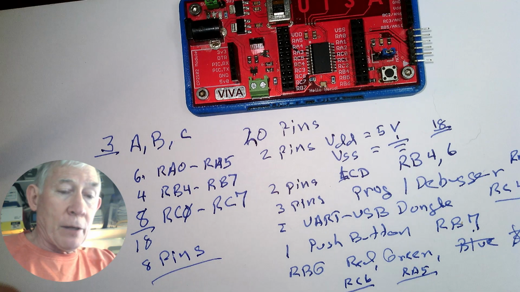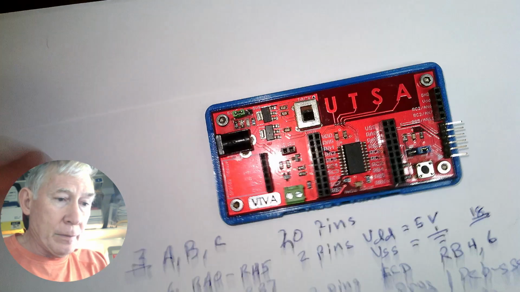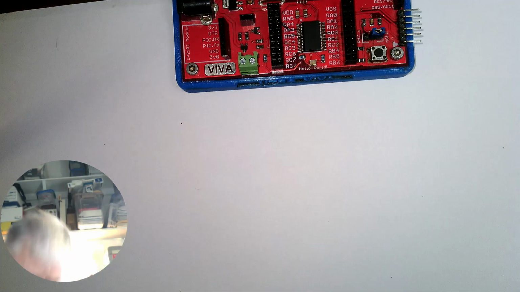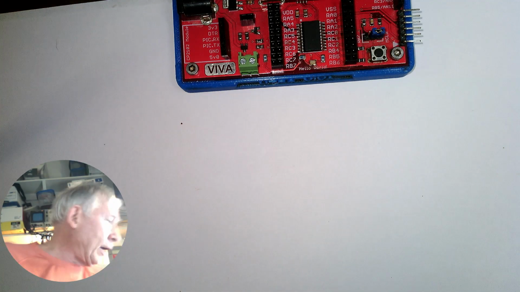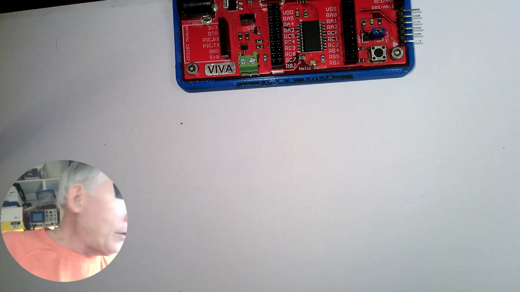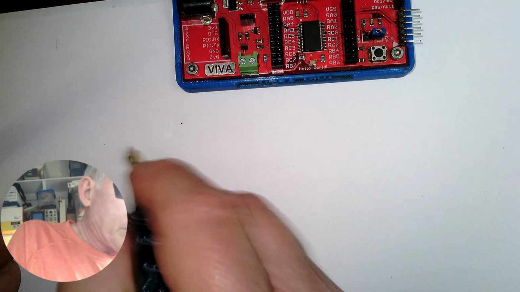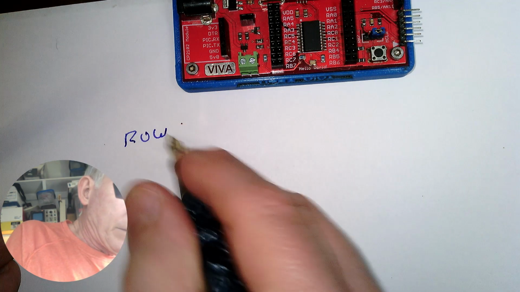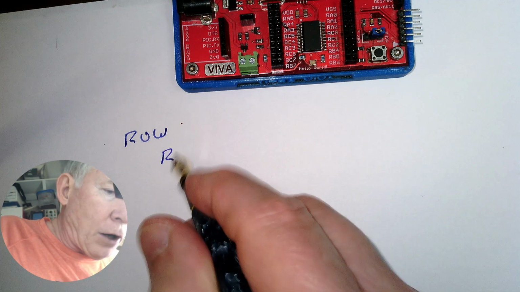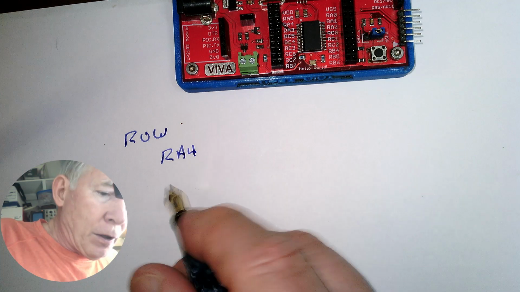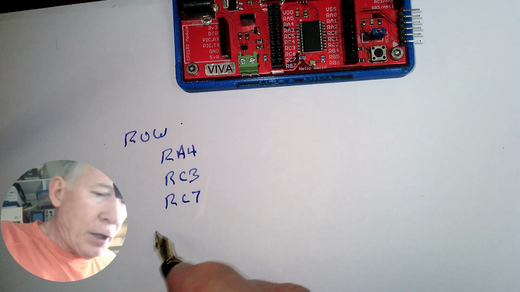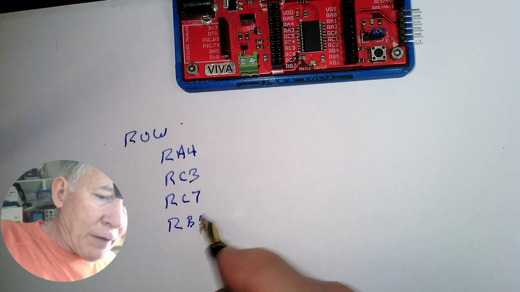Well, let's talk about that right now. So I'm going to shift this out. And it turns out that just arbitrarily for the rows, I used the remaining pins, which happen to be RA4, RC3, RC7, and RB5.